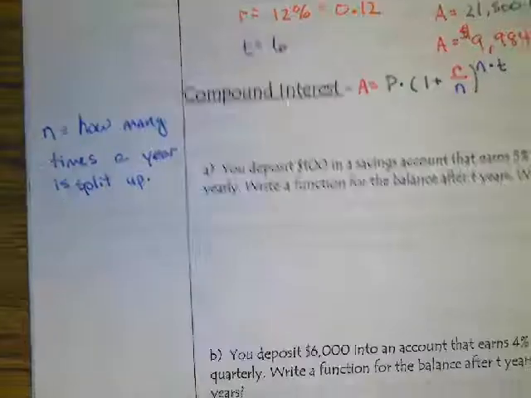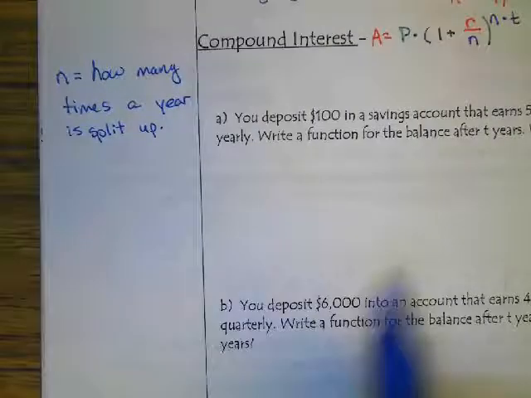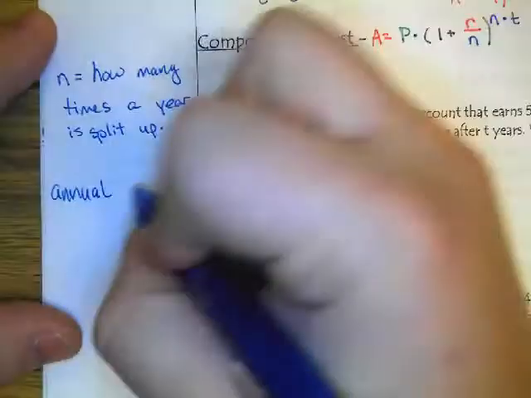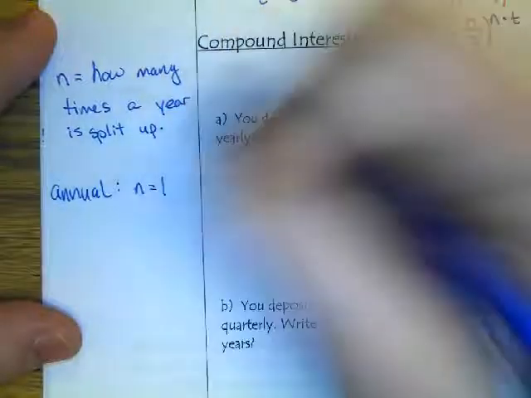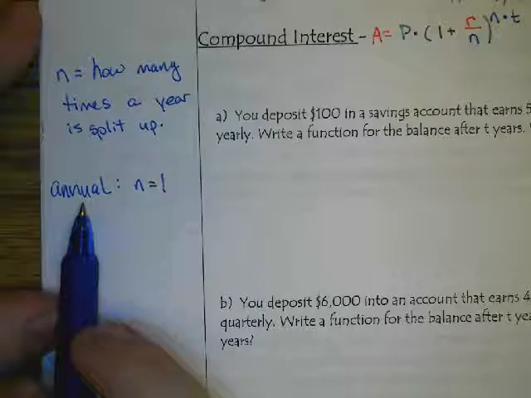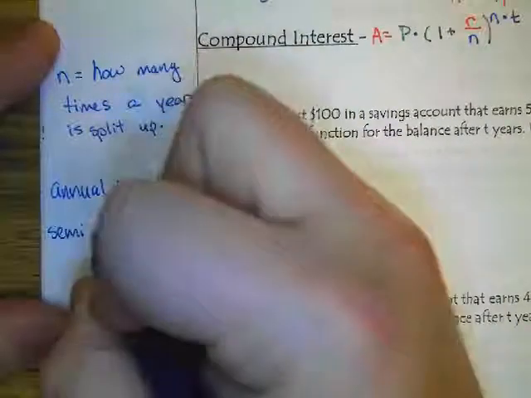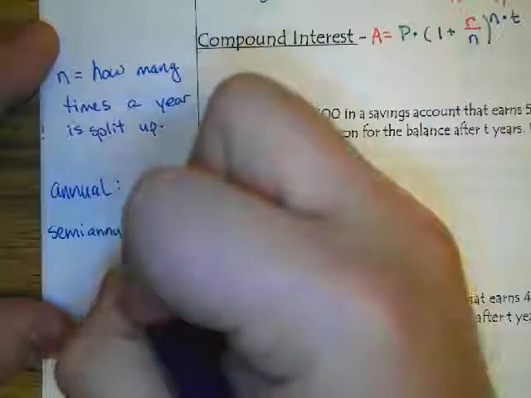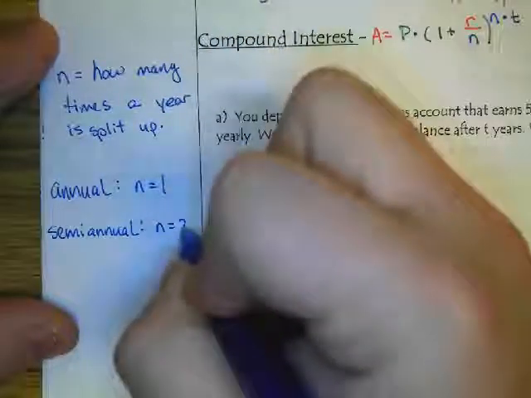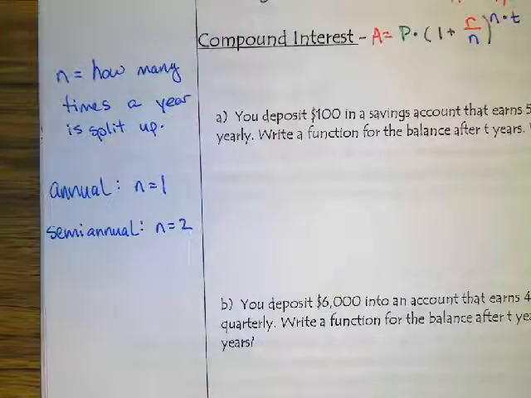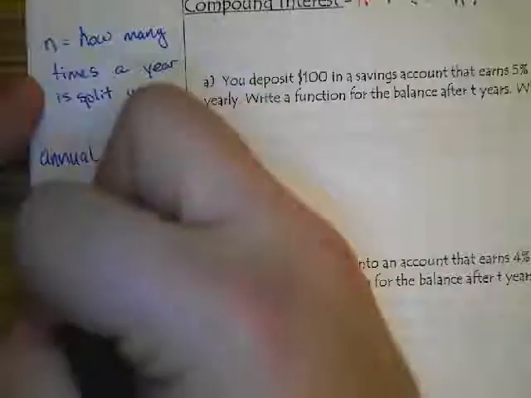So what I mean by that is we have words for this. When you see words like annual, that tells me that N equals 1, because it's happening one time per year. Semi-annual. How many times a year does something that is semi-annual happen? Well, that happens 2 times a year. Maybe you'll see the word quarterly.